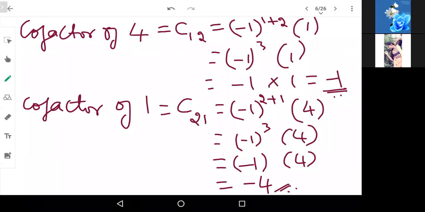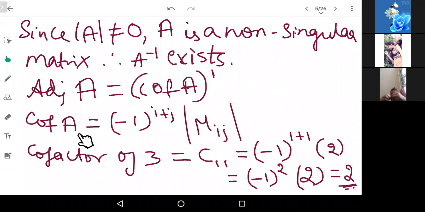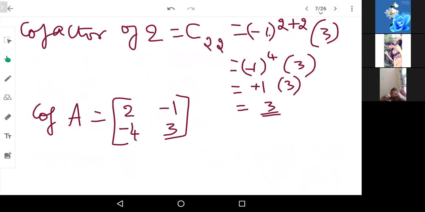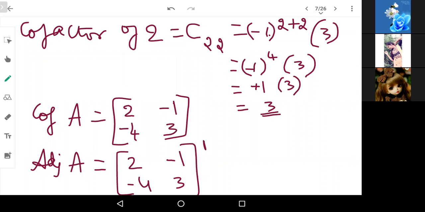Now before finding adjoint, we have found the cofactor. Now if you find the transpose of a cofactor, that will become adjoint A. Now adjoint A is equal to cofactor, that is 2, -1, -4 and 3, transpose. Transpose means changing the rows into columns.